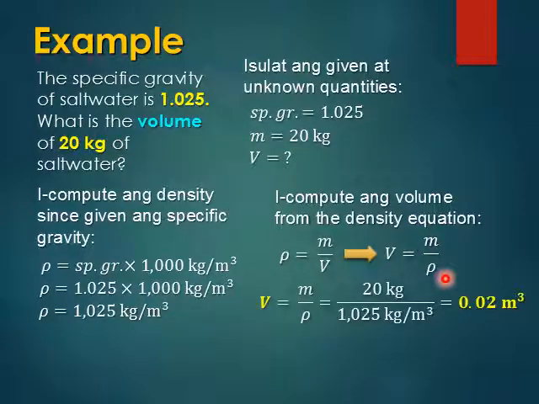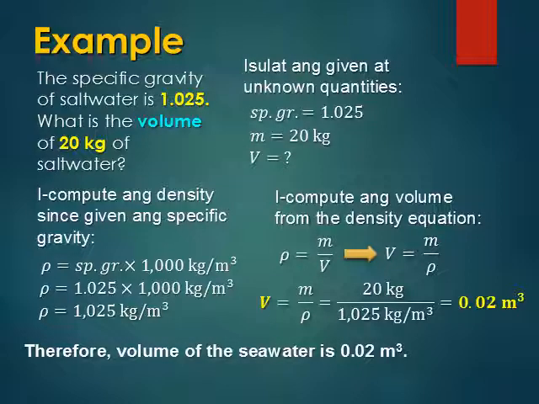Now, kung i-substitute natin siya, we have the volume is equal to 20 kilograms divided by 1,025 kilograms per cubic meter. Again, if you notice, makakancel yung unit ng kilogram, kaya matitira ka na lang ng unit ng cubic meter. So, therefore, the volume is equal to 0.02 cubic meters.